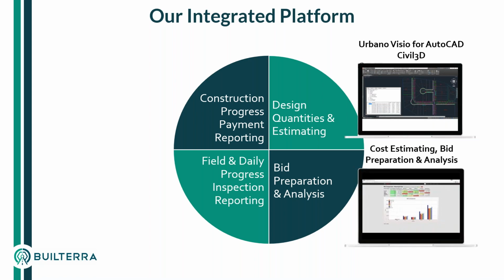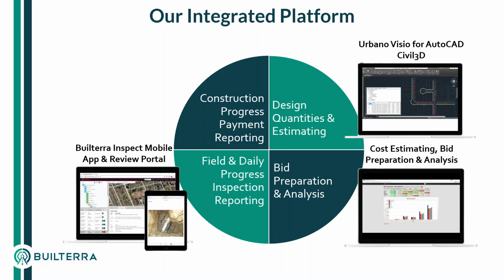Full bidding and full bidding system for private projects or connection with eSolutions Group here in Ontario for public bidding. The mobile app itself, again, connected directly to the web portal for all of your inspection.